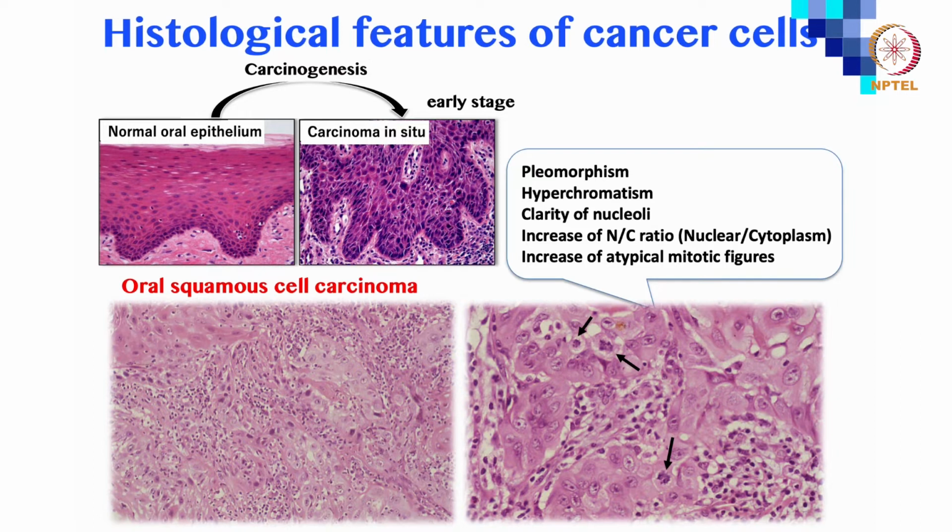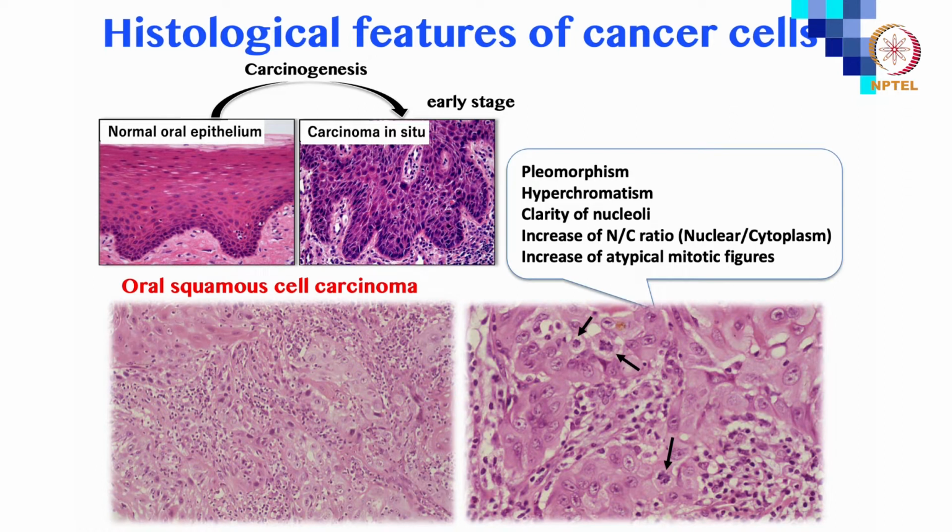Oral cancer cells show pleomorphism, hyperchromatism, clarity of nucleoli, increase of NC ratio, and increase of atypical mitotic figures under the microscope.